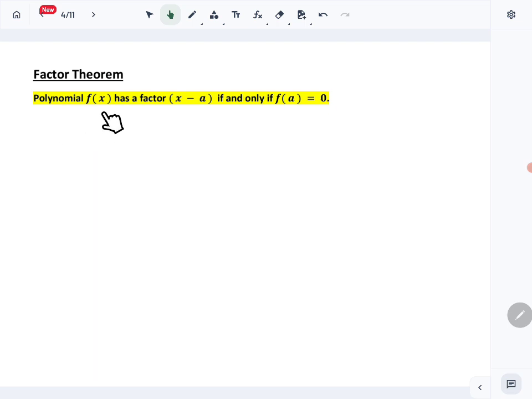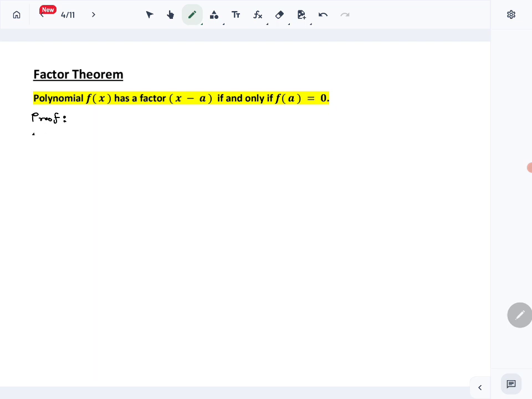So if f(x) has a factor x minus a, then that implies f of a equals 0. And if you know f of a is equal to 0, then x minus a is a factor of the polynomial. If and only if means you have to show both sides. So let's do the proof.